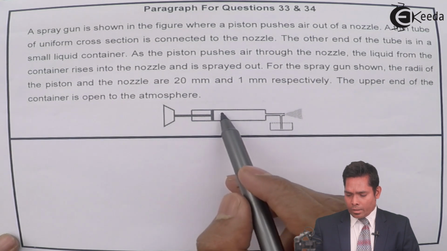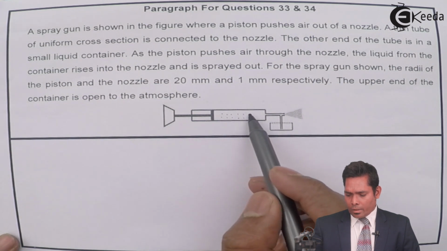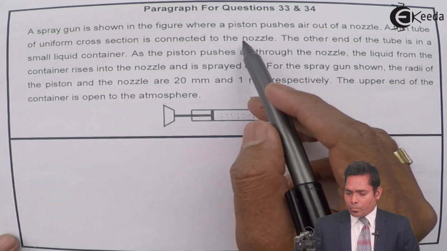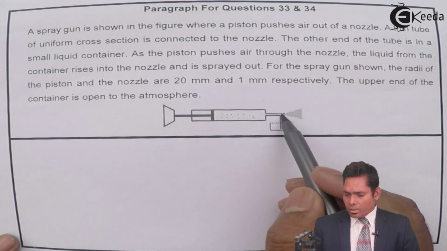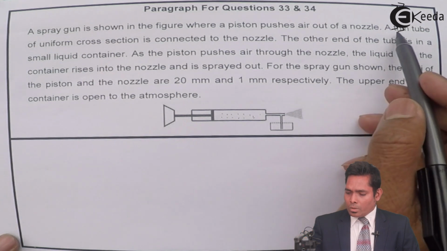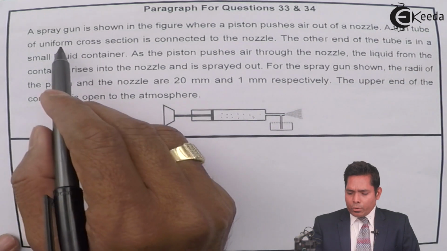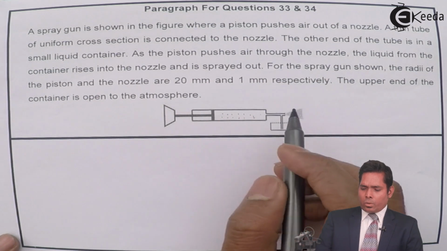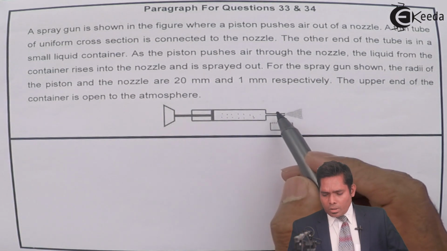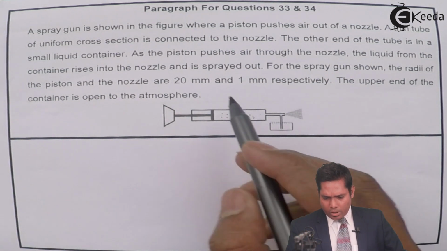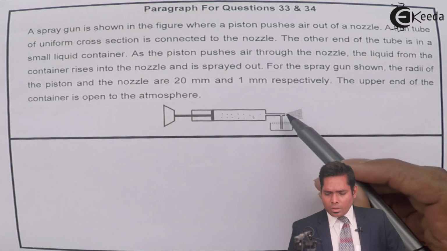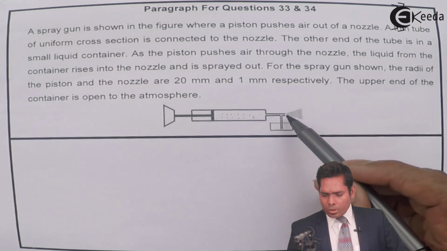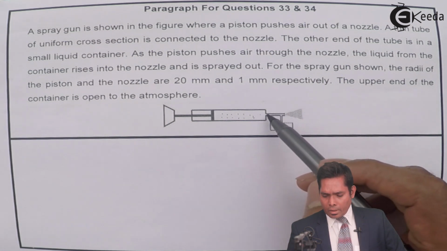So from here air is coming out of a nozzle. A thin tube of uniform cross section is connected to the nozzle. This is a nozzle, and this is the cylinder.